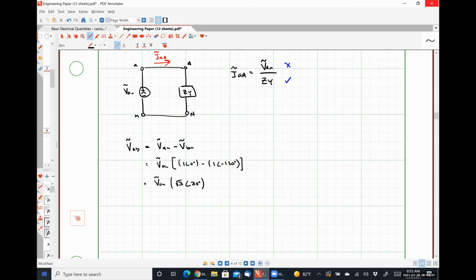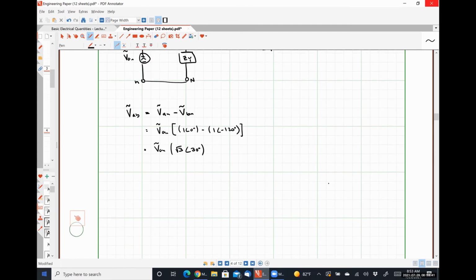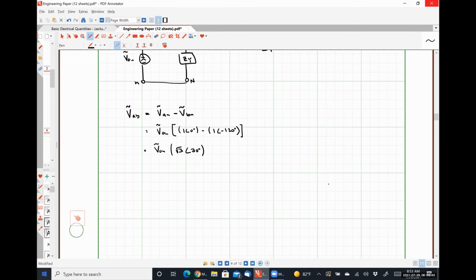Because we did that a couple of minutes ago, effectively, right? So from this, we should be able to figure out that the magnitude of VAN is going to be the magnitude of VAB divided by the square root of 3.